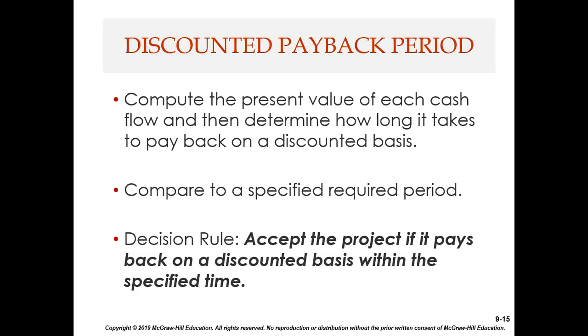So instead of just looking at, okay, we're gonna make 63,000 next year, 70,000 the next year, 90,000, by what year will we have our money back? Without calculating time value, that's payback. Discounted payback says, no, bring all those amounts back to present value, and based on their present value, how long will it take you to get your money back from the investment?